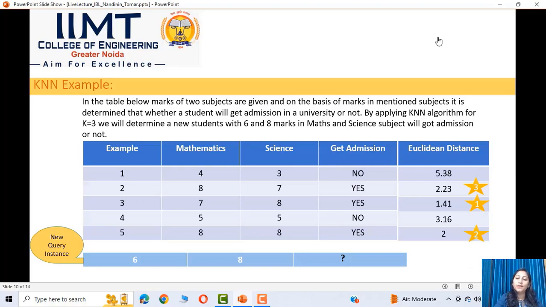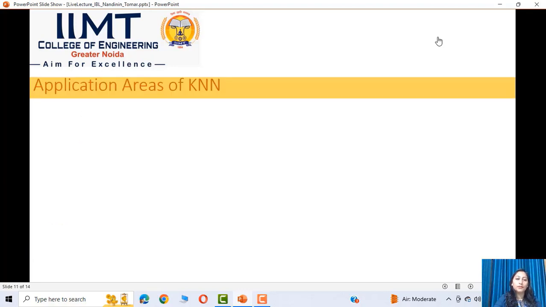Here we have considered the 3 nearest neighbors of our query instance. All these nearest neighbors belong to the yes class, so we can conclude that the new query instance, the student with marks 6 and 8 in maths and science, can also get admission in the university. So this is how K nearest neighbor works.